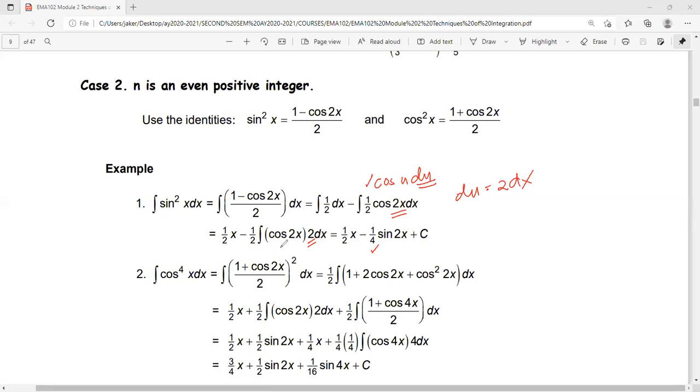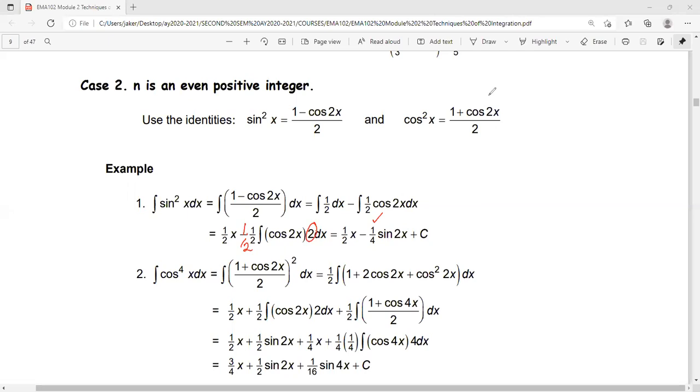Okay, so our answer here will also constitute two terms: 1/2 x for this one, and 1/4 sine of 2x for the integral of cosine of 2x dx. So this 2 was just introduced. Actually, there was another multiplication here by 1/2 to make it just 1. That is why you have here 1/4.